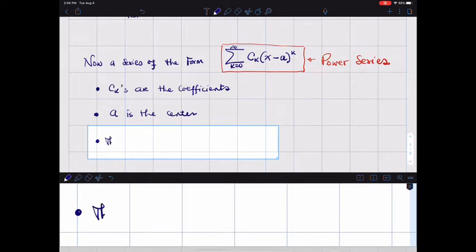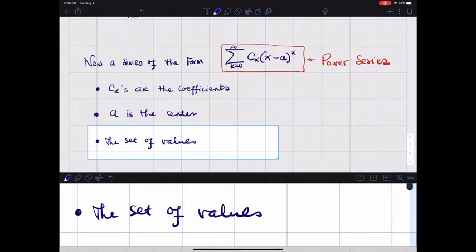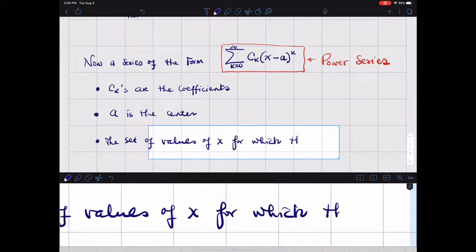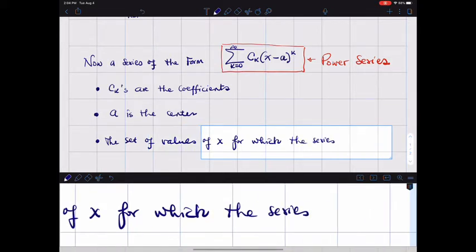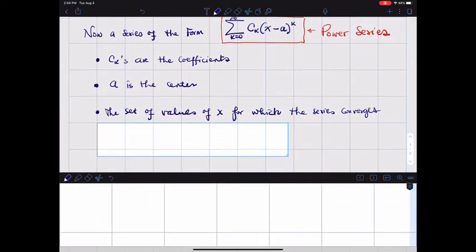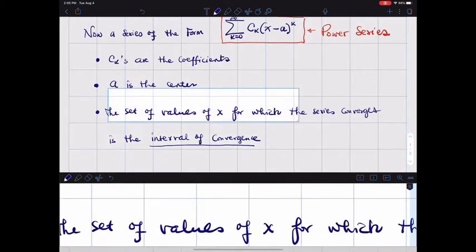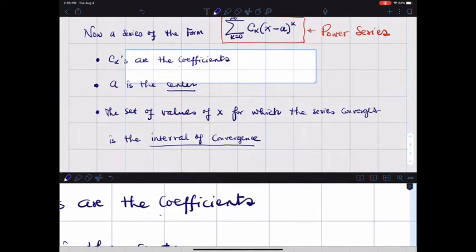So the set of values of x for which the series converges is called the interval of convergence. So interval of convergence, the center, the coefficients.